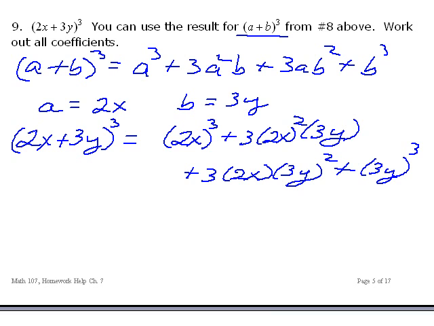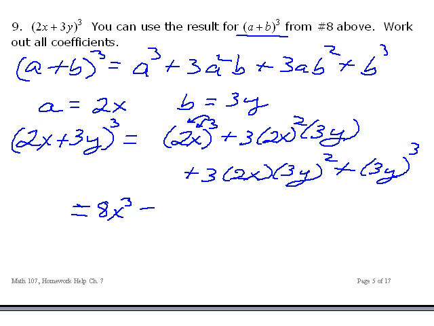2x cubed is 2x times 2x times 2x. This is a monomial. If you want to do it the shorthand way, you can bring that cube to both of those terms. So in the first case, 2 cubed is 8, and x cubed is like that.